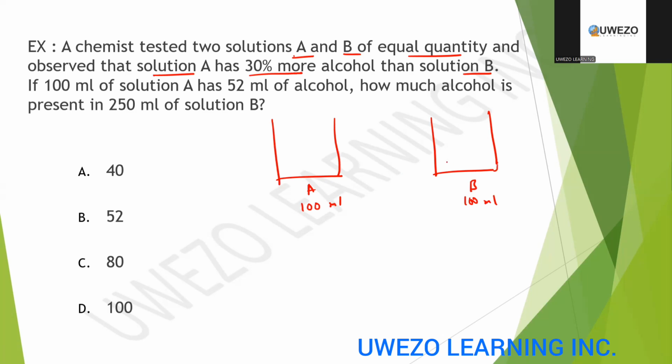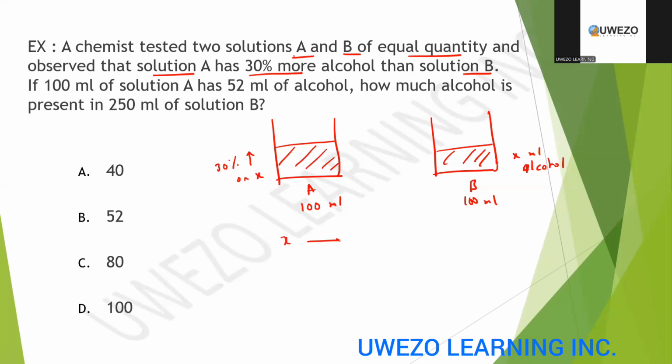So if B has some x ml of alcohol, now A will have 30% more alcohol. So that would be 30% increase on x.